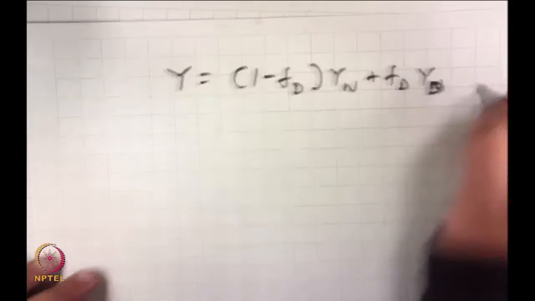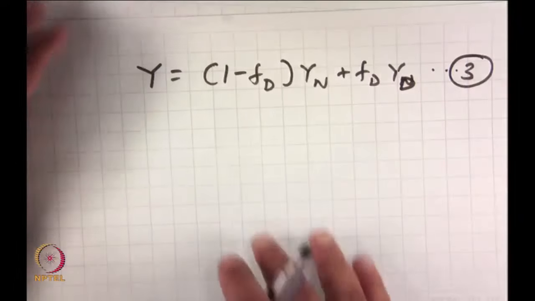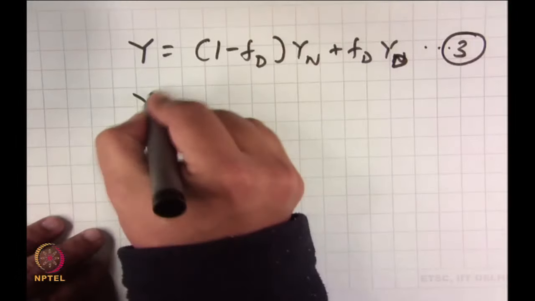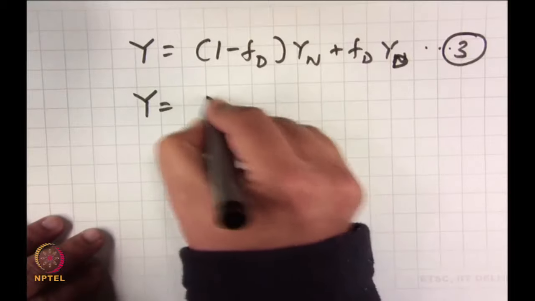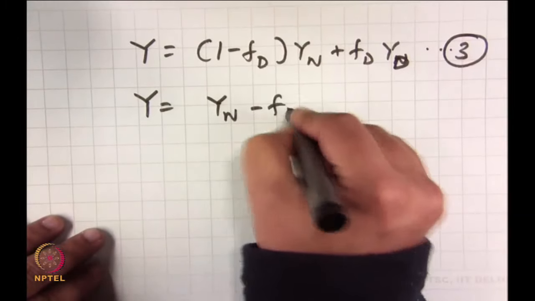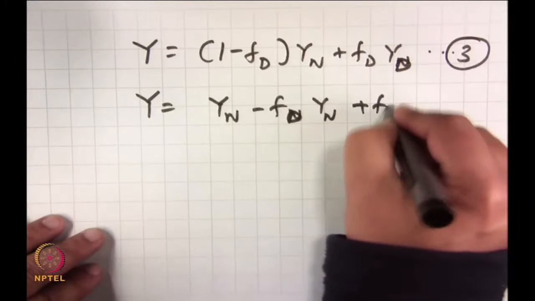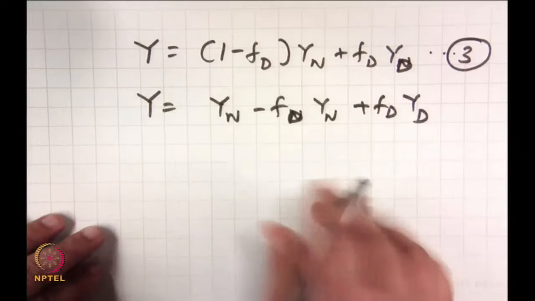So, let this be equation 3 for me. Okay, let us simplify now. So, y is y of n minus f of d y of n plus f of d y of d.